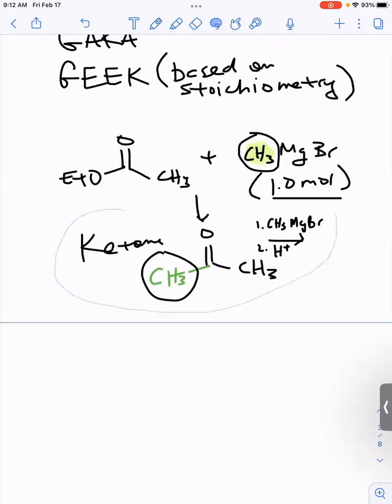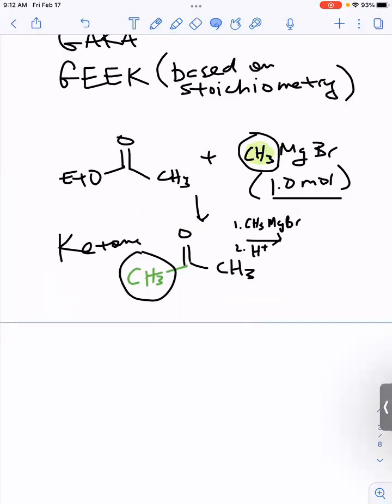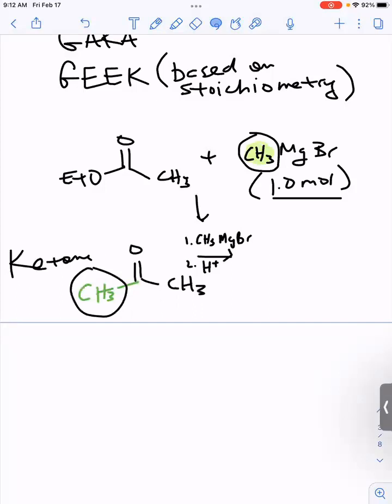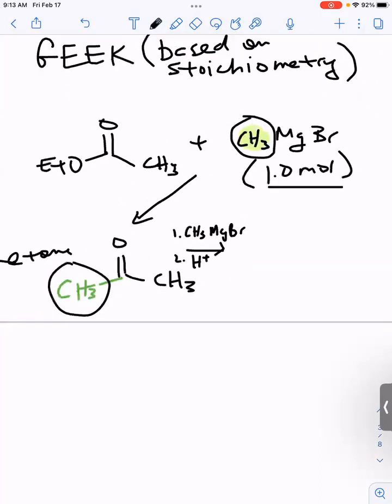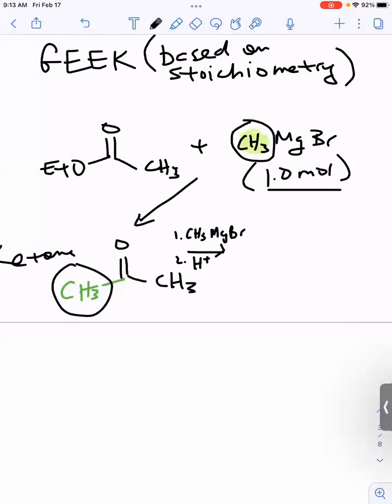Anybody? Are you adding another CH3? Yes. And then I'm going to quench it. So what should I get from that? What do I get if I take a ketone and add a Grignard to it, regardless of where the ketone came from? Would it be alcohol? I'll get an alcohol.